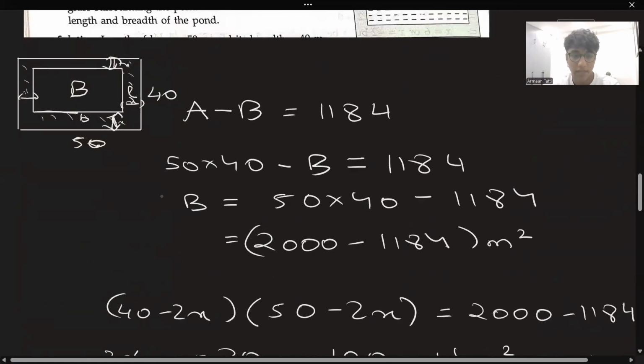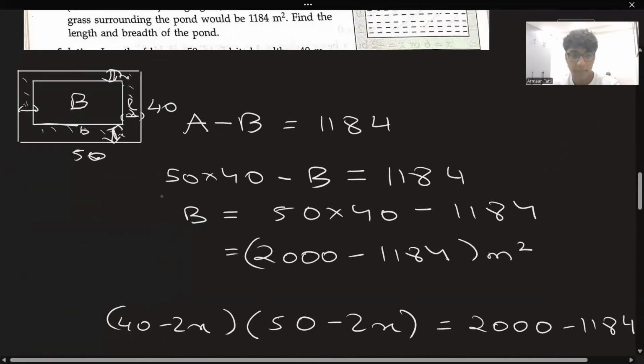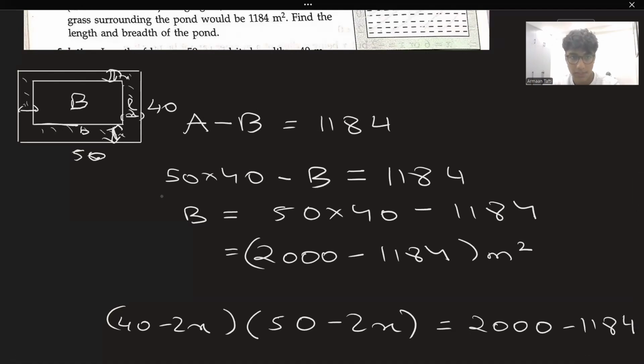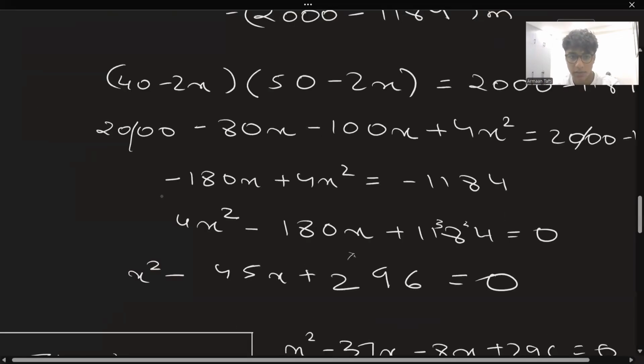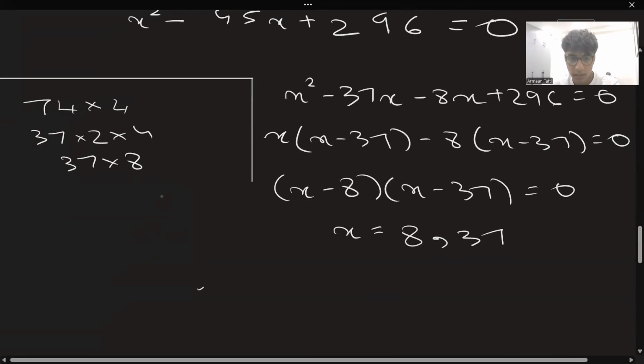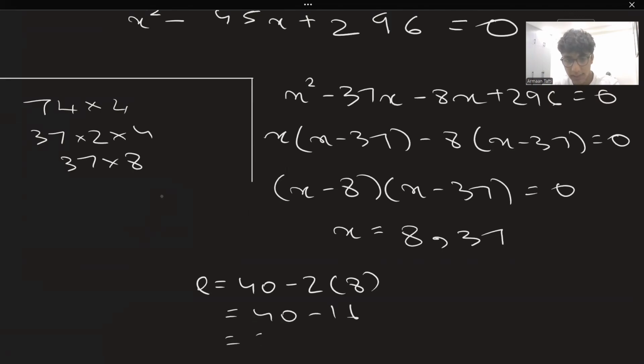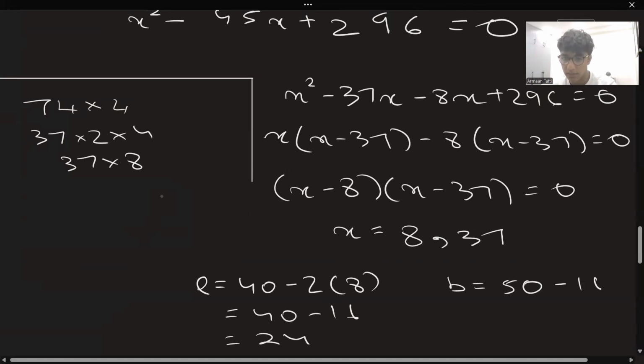That means my length, which I said is 40 minus 2x, will become 40 minus 2 times 8, 40 minus 16 equals 24. Breadth, I said, equals 50 minus 16 equals 34.